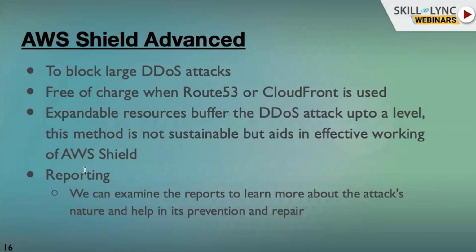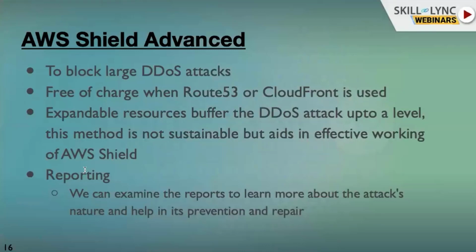For example, he can take over 100 machines as zombies, and from these 100 machines, he will send multiple requests at the same time. If it is a DoS attack, it will come from one source, one IP, one machine, where we can block that IP in the firewall or web application firewall.